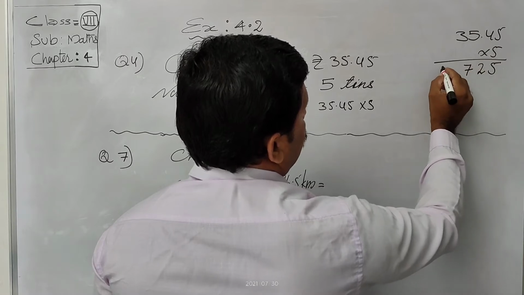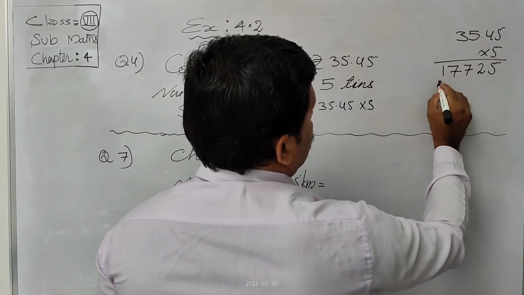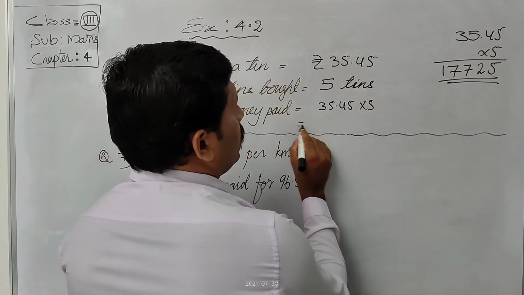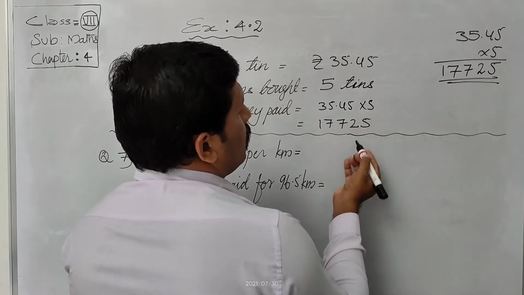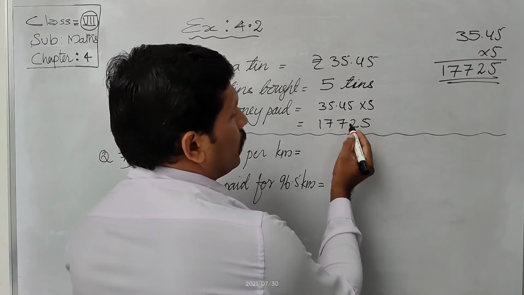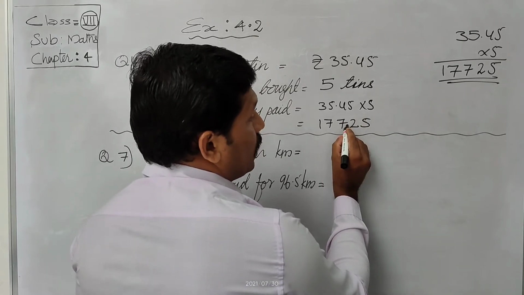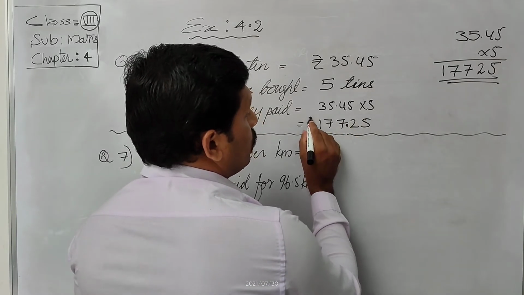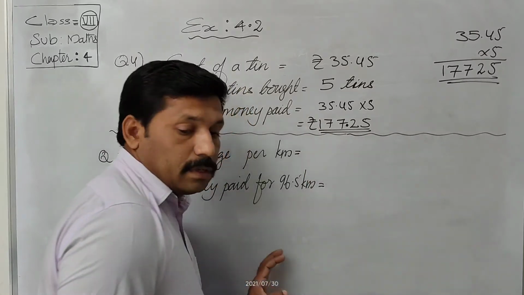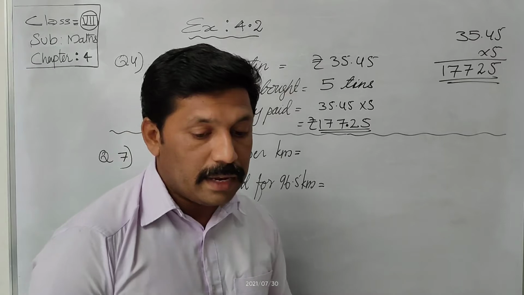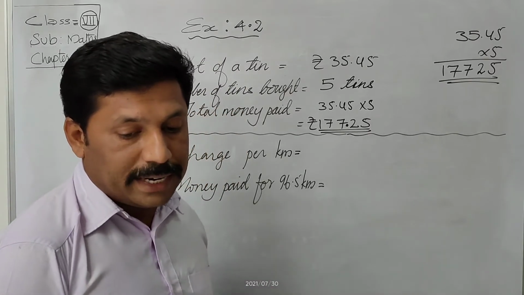And 3 5s are 15 plus 2, 17. So this is the answer, 177 25. And here total 2 decimal places are there. Therefore, in the answer also 2 decimal places are needed. Therefore, 177.25 rupees. That is the money paid by Mayur to buy 5 such tins.